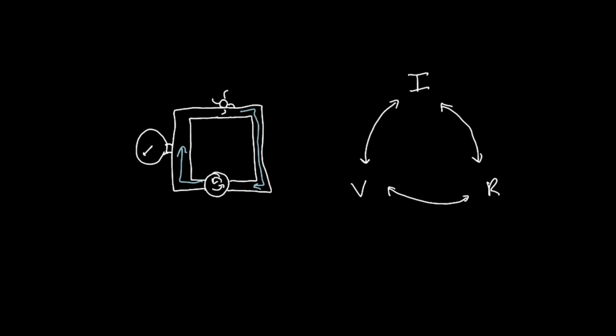So let's do a thought experiment. Let's say that our pump is set to a certain pressure. We can't change that. But we increase the resistance of this water wheel right here. What's going to happen? So it's more difficult for the water to flow through here. You would think that the current in the entire circuit would go down. And that would be exactly what would happen with this relationship.